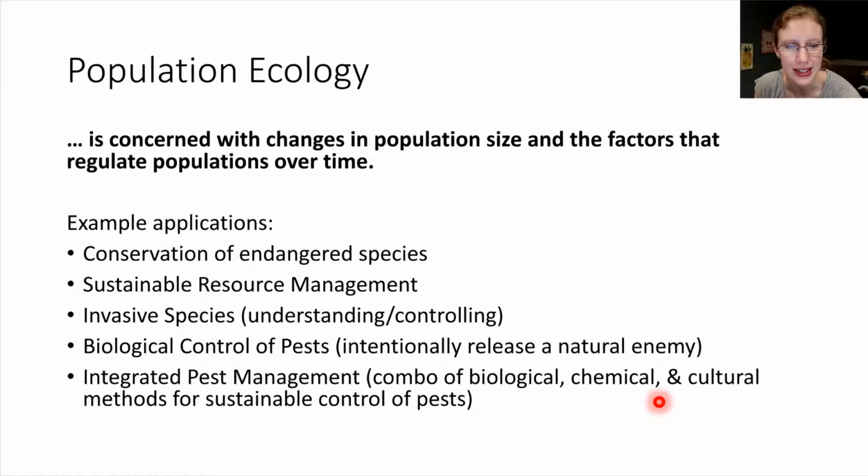And related to that is integrated pest management. Integrated pest management uses many different approaches. It's a combination approach. It uses biological control, chemical control, and also cultural control methods for sustainably controlling pest populations and keeping them at low enough levels that we can all go on with our lives.